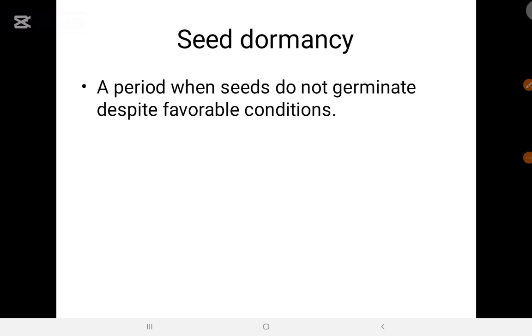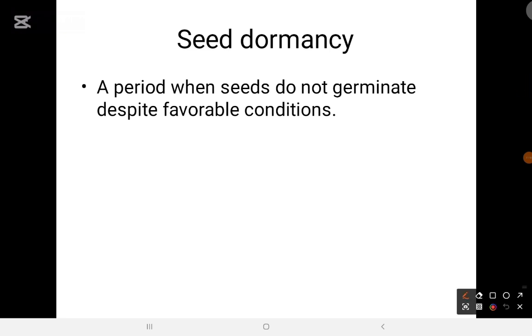One of the ways by which the problem of seed dormancy is overcome is what we call vernalization.